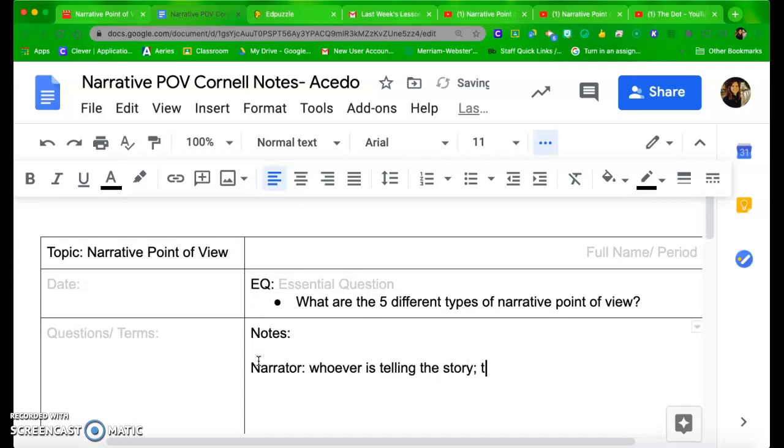The storyteller. I'll make that a little bullet for you. Okay. We cannot talk about point of view without first defining what a narrator is, because points of view are all developed around types of narration.